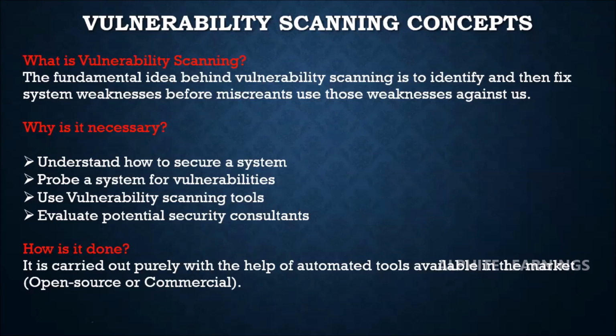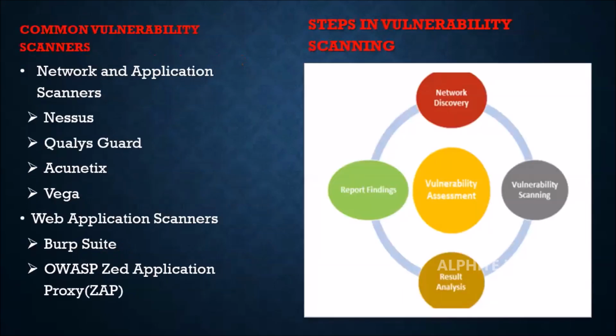Vulnerability tools we'll see in the next one. Vulnerability scanning can be done only using tools and cannot be done manually. So here I have listed some of the common vulnerability scanners in the market. Nessus, QualysGuard.